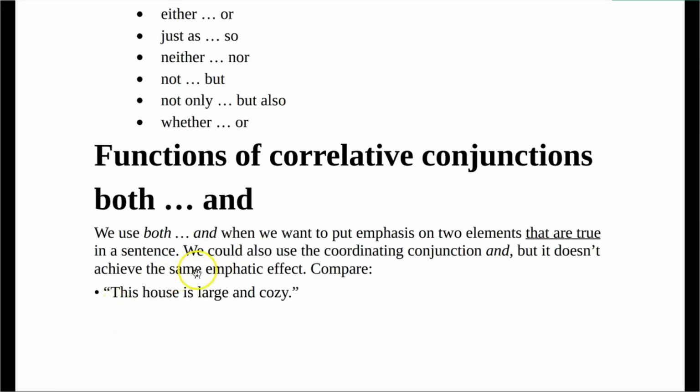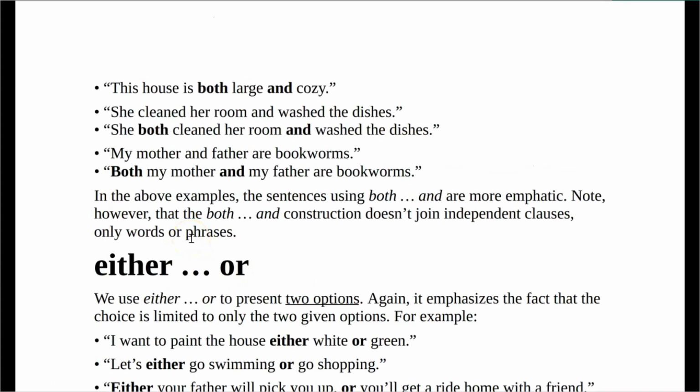Let's take a look at these examples. This house is large and cozy. We use the coordinating conjunction and, but compare it to this. This house is large and cozy, and this house is both large and cozy. So this other one is more preferable. She cleaned her room and washed the dishes.